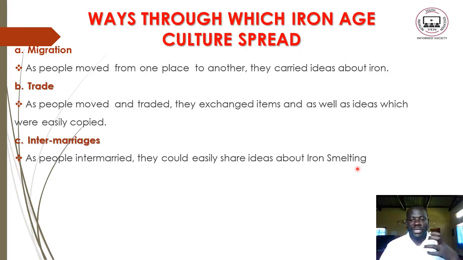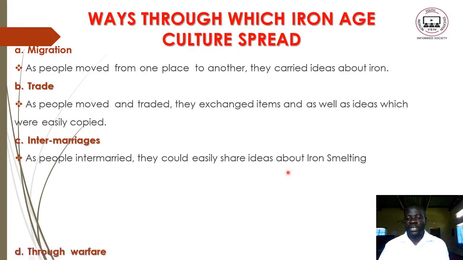The one from Nsanje will learn something from Karonga, and in the same way the one from Karonga will learn something from Nsanje. So in so doing, the people exchange ideas. So we are saying Iron Age ideas also spread through intermarriages. As people were intermarrying into other societies, they were able to copy Iron Age culture.